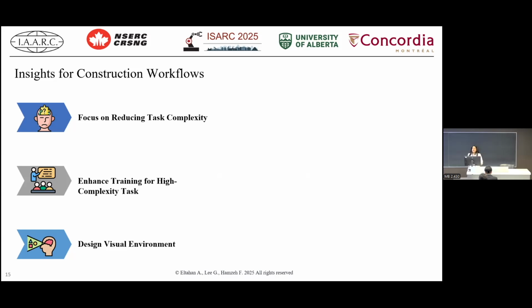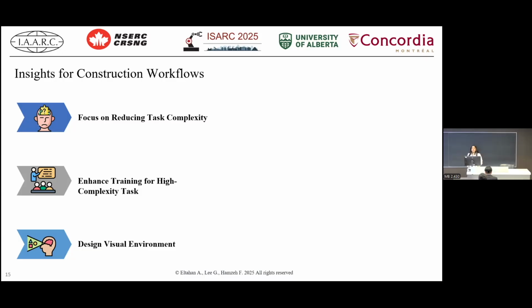And we also need to enhance training for high complexity tasks. We see that as the visual dynamic complexity increased, the performance was reduced, which confirms that we need to enhance training for these high complexity tasks, specifically when there is a high risk, for example, machine operators and stuff like that.